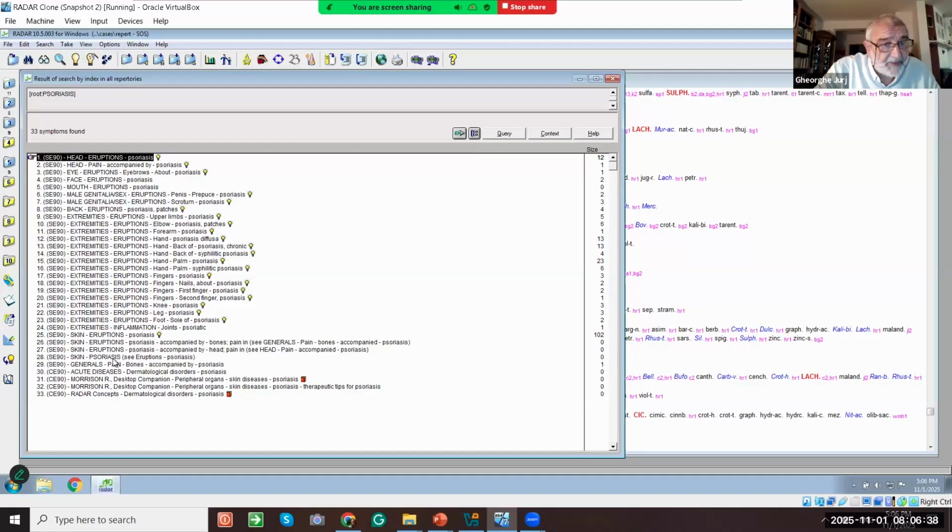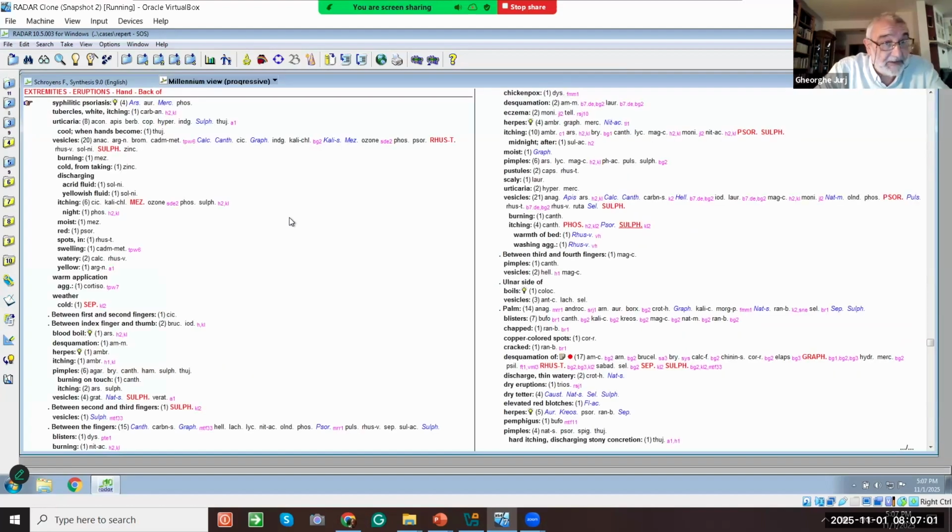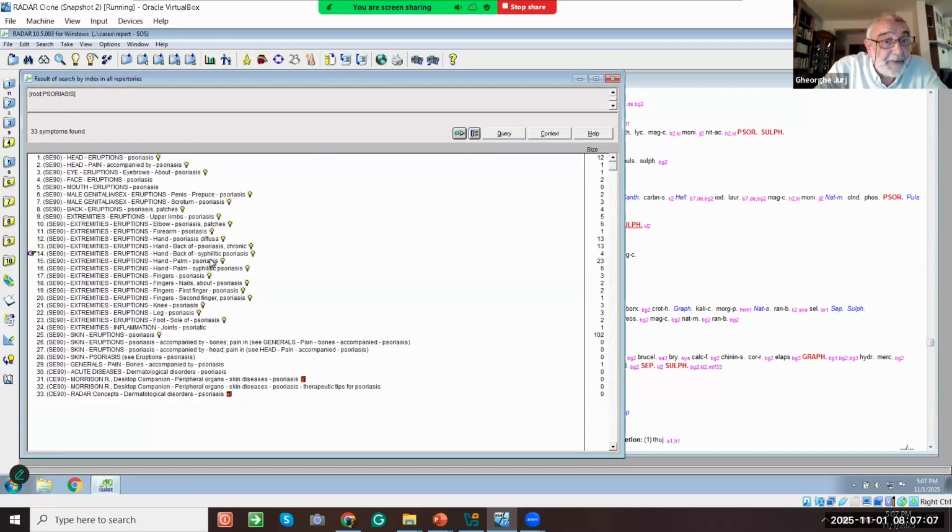And you can put all these rubrics in a repertory chart and look at that. For sure, sulphur and sepia and natrum muriaticum are the first. Anyway, don't count too much on these rubrics. They are poor rubrics. Sorry to say, but they are very poor rubrics.